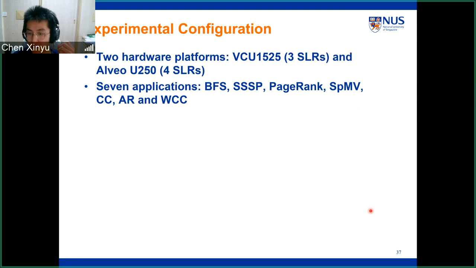But so far, I'm not sure whether somebody is using our system for other complicated scenarios. But basically, I think it can support the applications that need edge traversal.